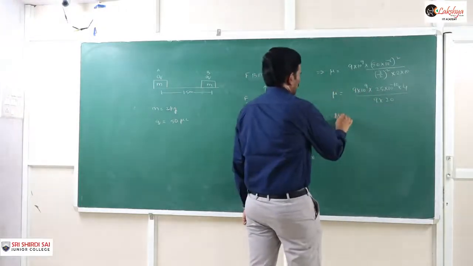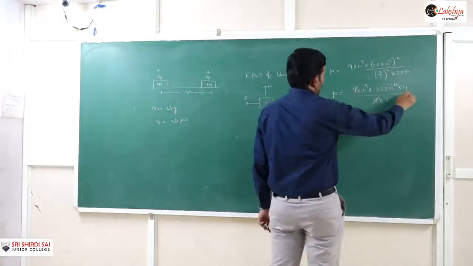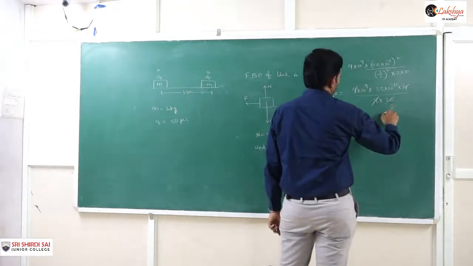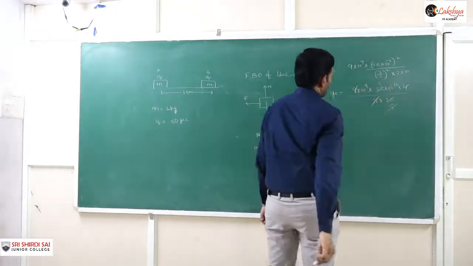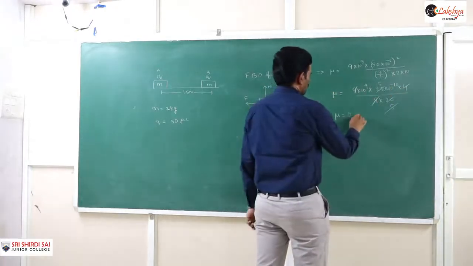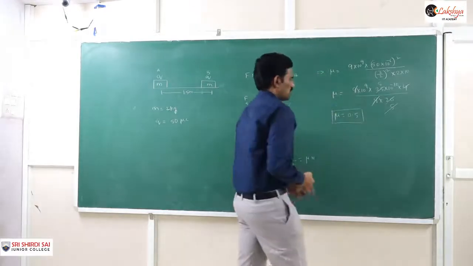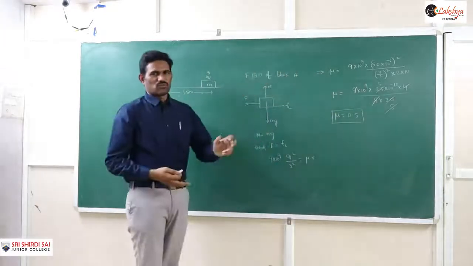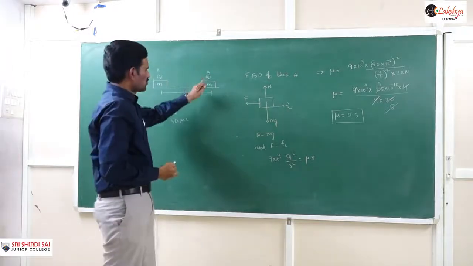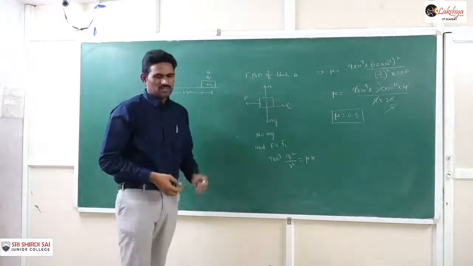I can simplify this: the 9 you can cancel, and the 5 you can cancel. So we get 0.5. This will be the coefficient of friction, or coefficient of static friction, between the block and the horizontal surface.